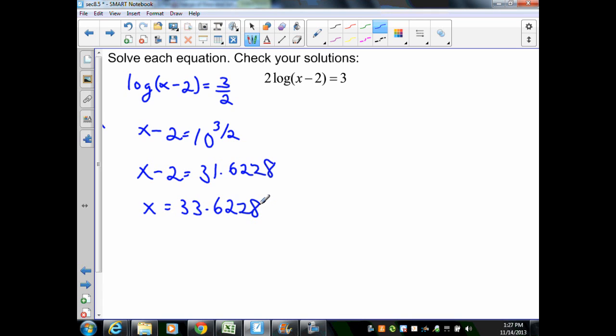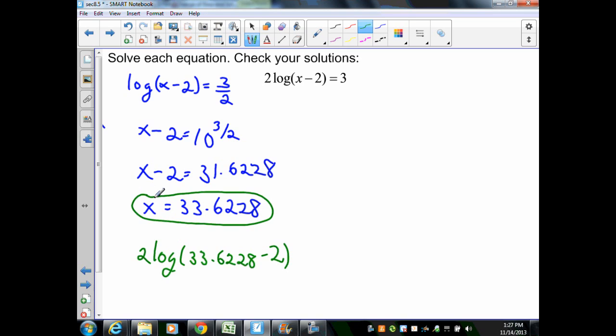Now when I substitute that back into the original equation to verify, it will work. So when I substitute in the calculator, it's going to be 2 log of 33.6228 minus 2. And when I calculate that, I do get an approximation to 3. Therefore, I do know that this is a solution to my problem.